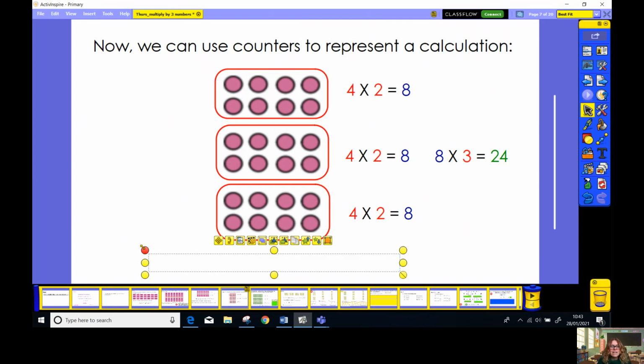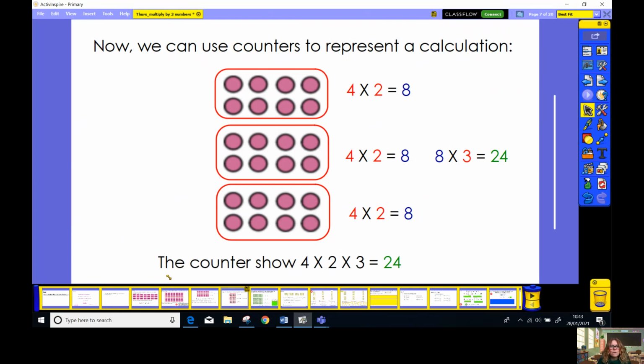So my representation showed 4 multiplied by 2 multiplied by 3, which equals 24 because there are 3 groups of 4 columns by 2 rows.